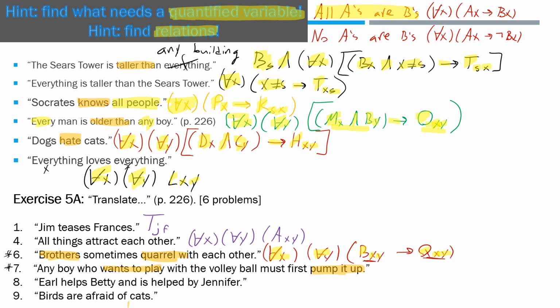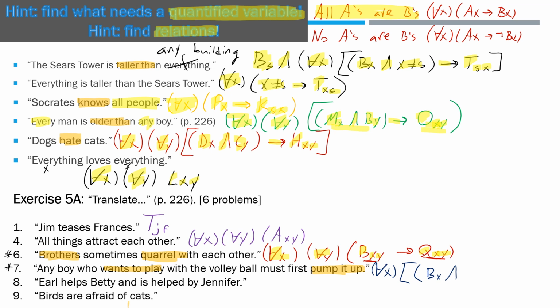So let's think about this. So for all x, so what would be the antecedent? So first off, that x is a boy. So capital B, lowercase x. And now let's think about x wants to play with the ball.